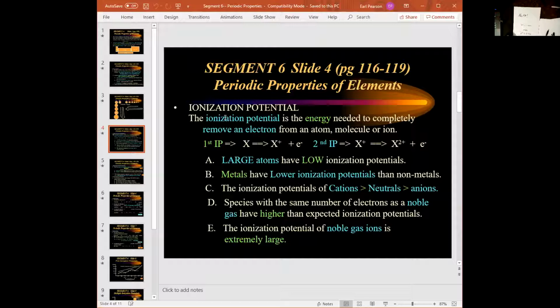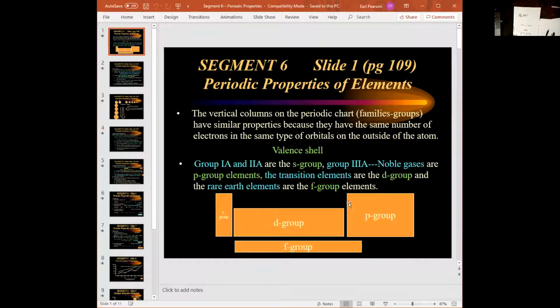If you remember on the periodic table, right in here, there is a little zigzag stepped line. That stair step separates the metals on this side from the nonmetals on this side. So if you're comparing something metallic to something non-metallic, you expect the metal ionization potential to be lower.